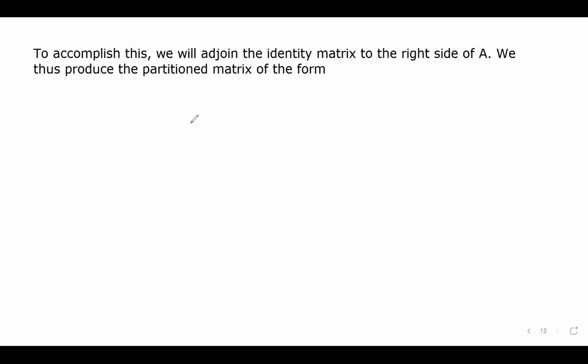We have a matrix A, and we partition this matrix where on the left it's A and on the right it's the identity matrix, an n by n identity matrix of the same size as A. So we're joining the identity matrix to the right of A. We have a larger matrix partitioned into two parts: the left side is A and the right side is I.